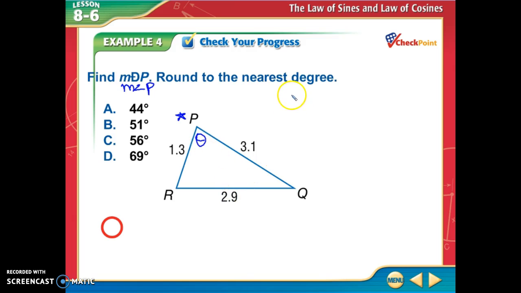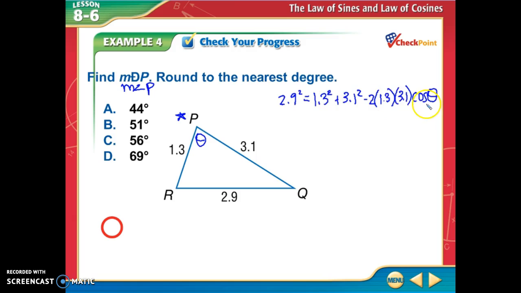So my equation is going to start with 2.9 squared equals the other side squared, so 1.3 squared plus 3.1 squared minus 2 times those sides times the cosine of that angle, theta. Right? So I just plugged in everything to that same formula, but now I'm solving for theta, not for a side.